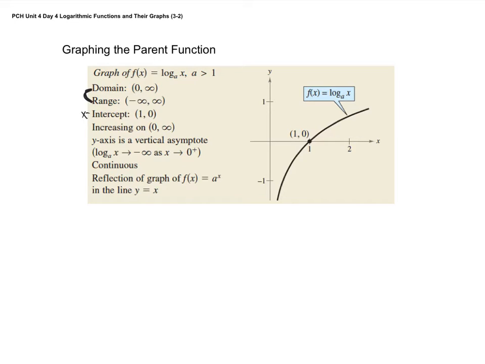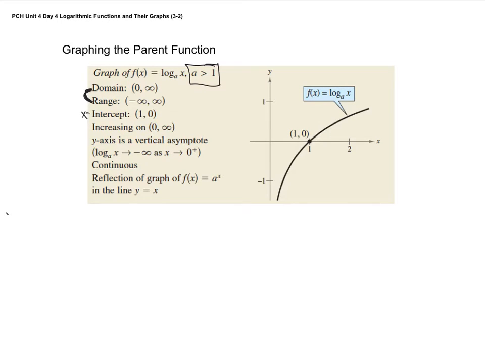Because the base always has to be something greater than 1. In any logarithm, technically speaking, you can have a base that's a fraction, but it has to be between 0 and 1. But in order for all of these things to apply, it has to be greater than 1.